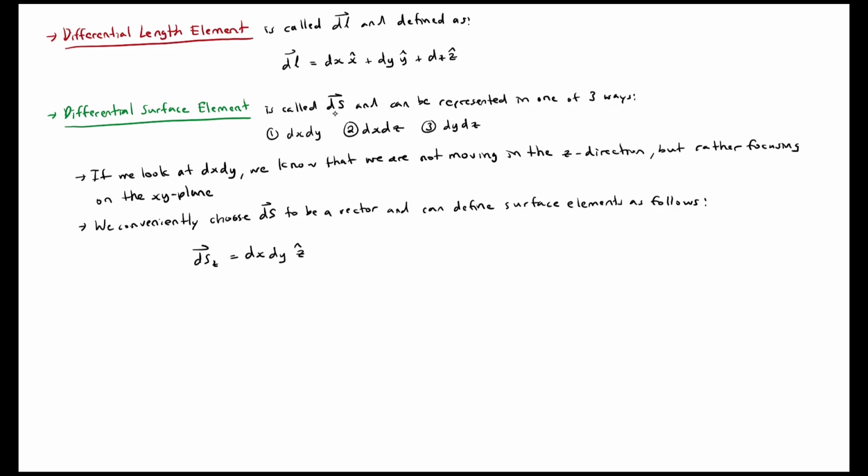We also have dsy, which would be dx, dz. And when we multiply it together, we know that it's going to be in the direction of y. Then we have dsx, which would be dy times dz. So if we cross dy and dz together, we're going to get an answer in the x direction.